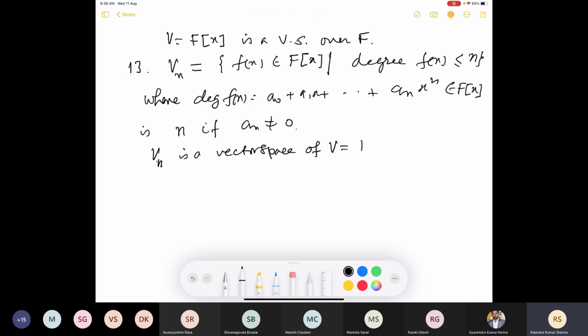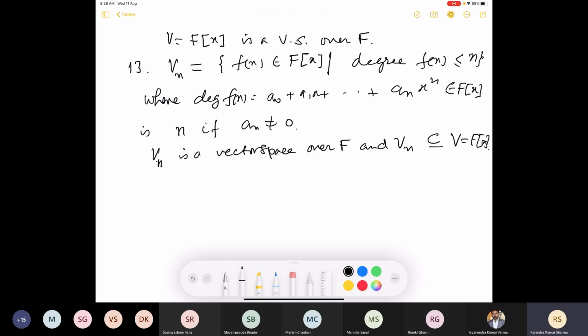V is F[x], a vector space over F, and this Vn is contained in V. V is the vector space of all polynomials.